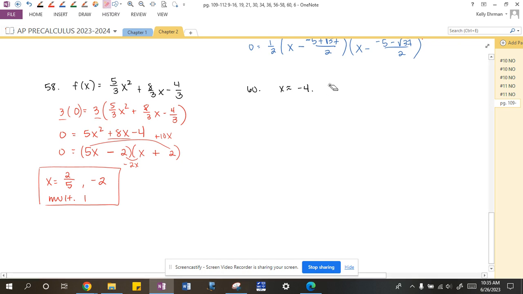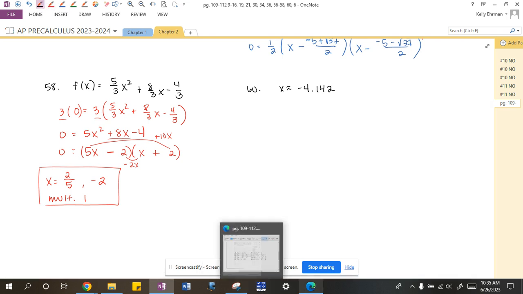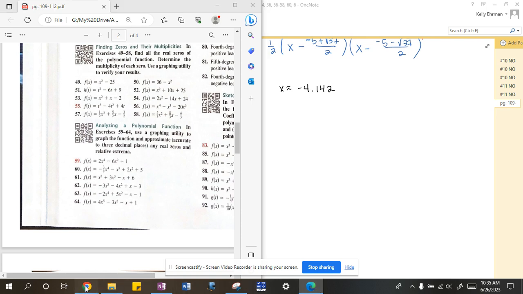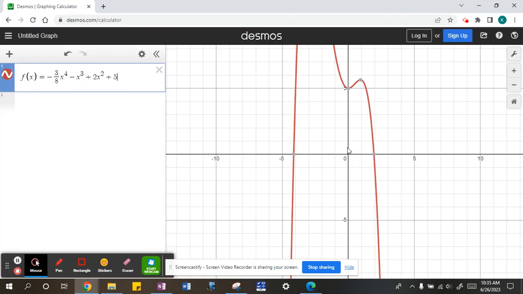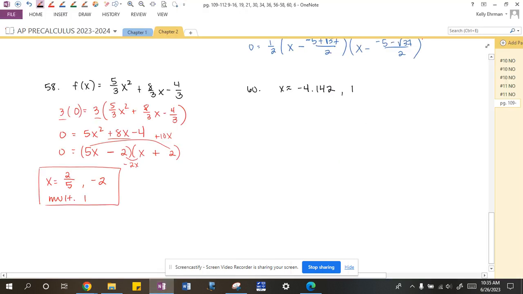Negative 4.142, and the other one, 1.934. I use this little wavy equal sign as an approximation, so that's what I got for 60.